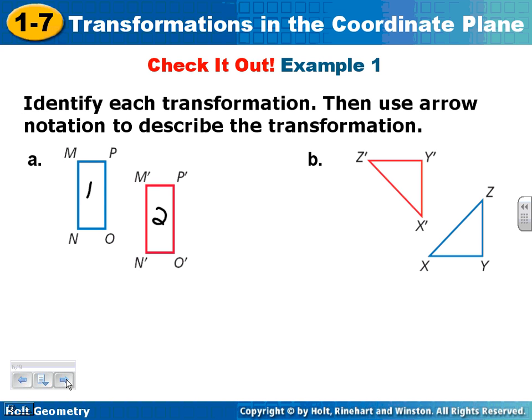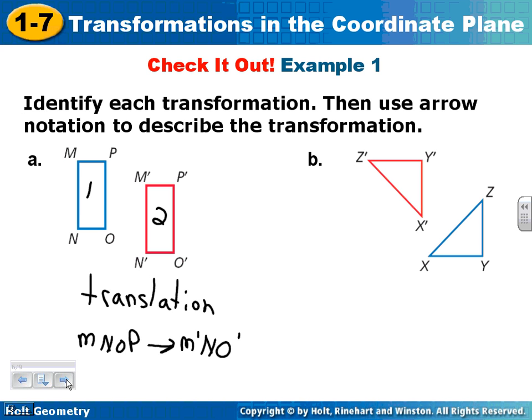So that would be a translation because it's just sliding over. So my arrow notation would be M, N, O, P maps to M prime, N prime, O prime, P prime.